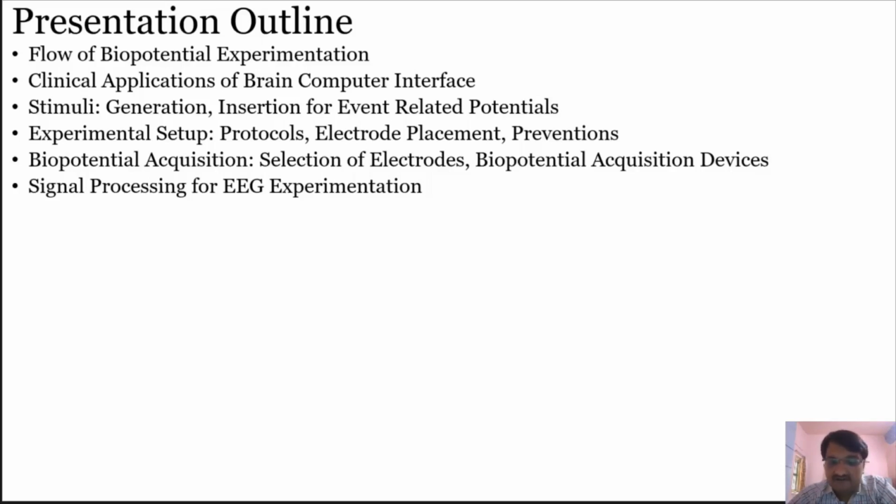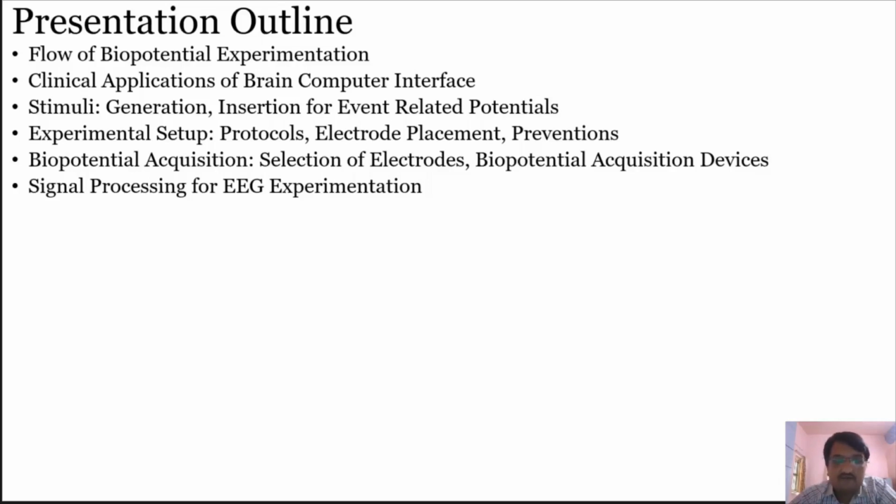In case of auditory stimuli and biopotential signal processing, or EEG related signal processing, or even ERP, event related potential related signal processing, we will also demonstrate a few of the concepts, so it would be easy for you to understand as well as implement.